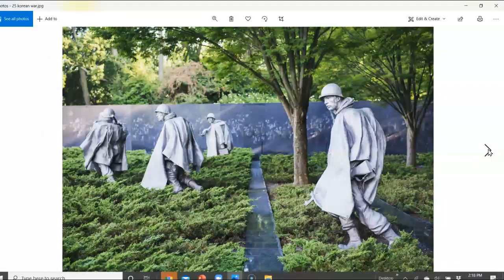This is another really interesting piece. This is a memorial to the Korean War, which to this day I don't think is a totally resolved war. No one has declared victory or defeat or whatever.